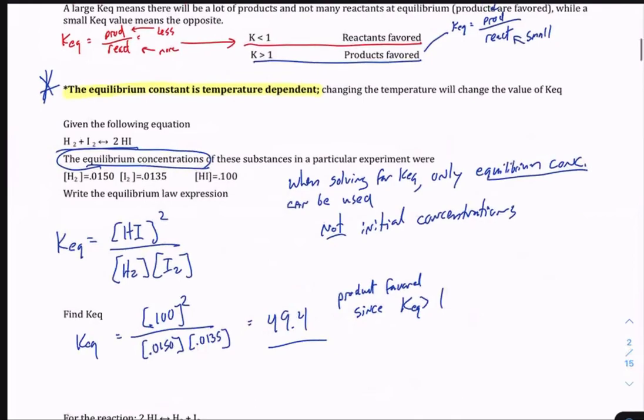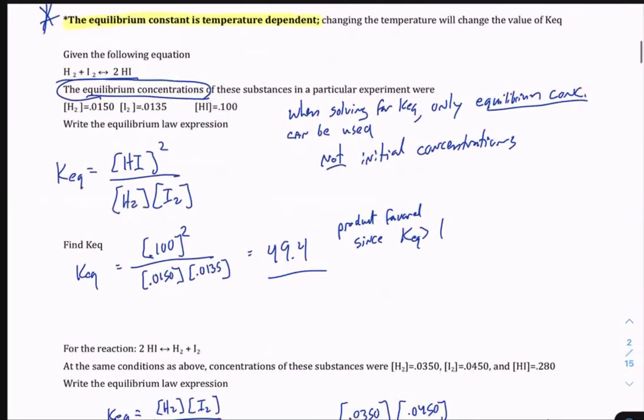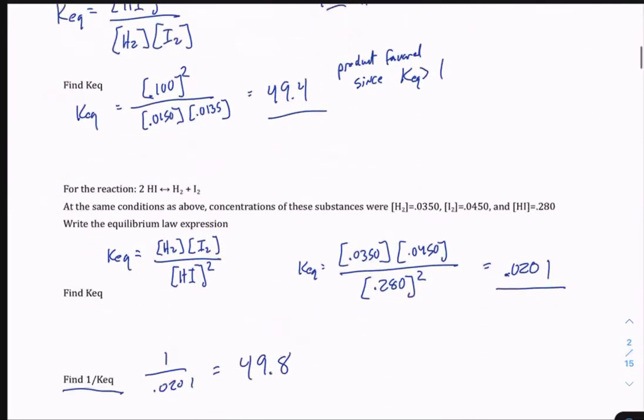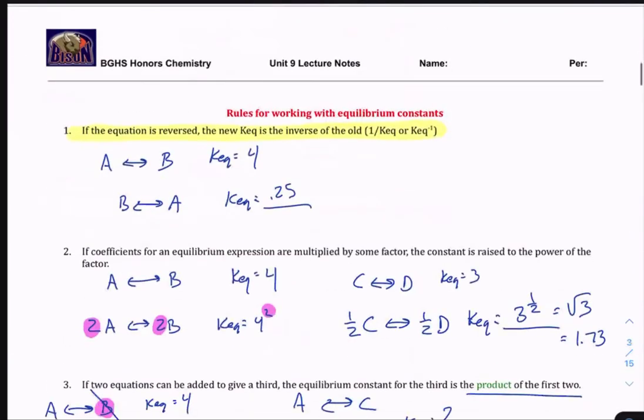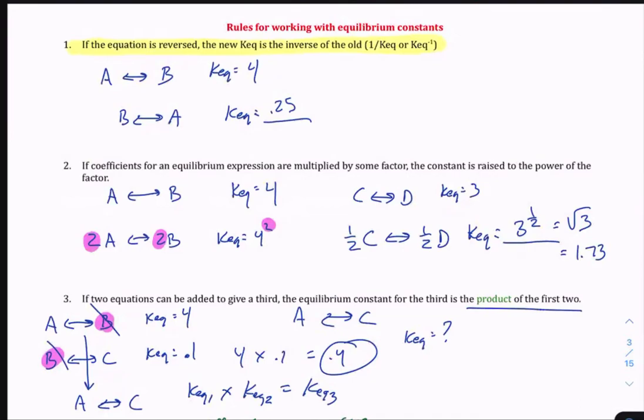Let's see. Rules for equilibrium constants. If you reverse a reaction, then the new KQ is the inverse. Rule number 2. If you multiply a reaction by some factor, the KQ is raised to the power of that factor.